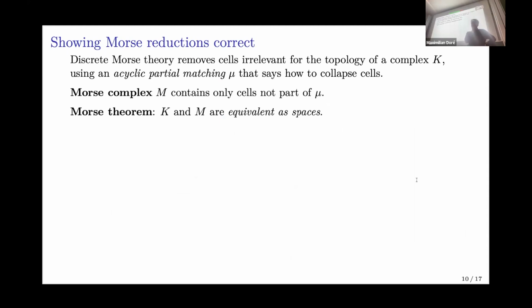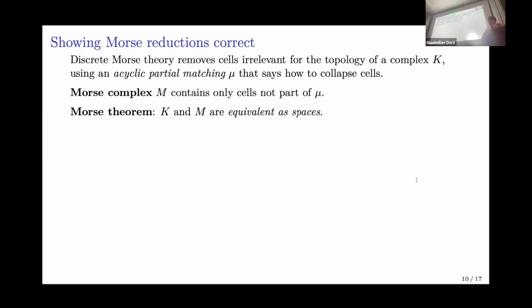So I said that discrete Morse theory reduces a complex with a lot of cells, which are not really relevant to us, to the core, the critical cells, as they're usually called. It does this by taking a recipe for collapsing all the cells, and then giving you what comes out of it after collapsing everything.